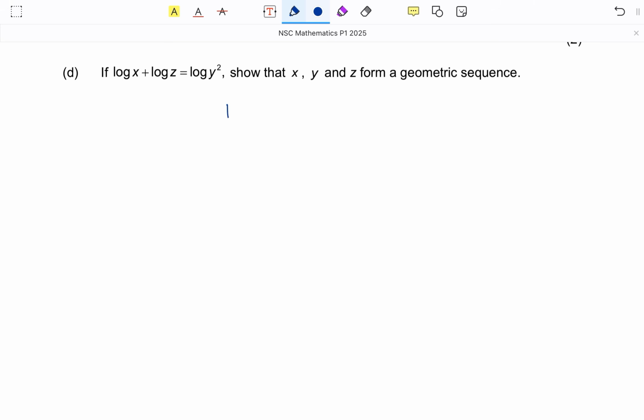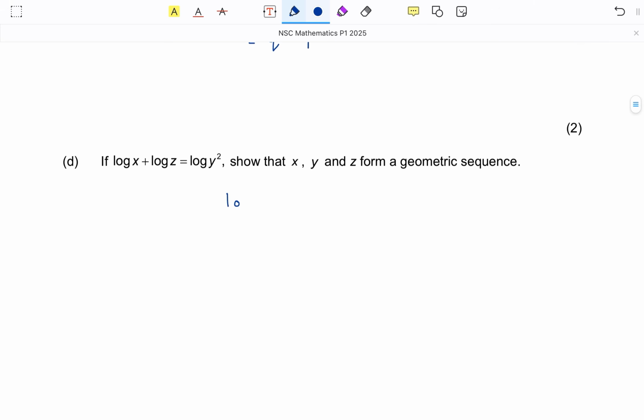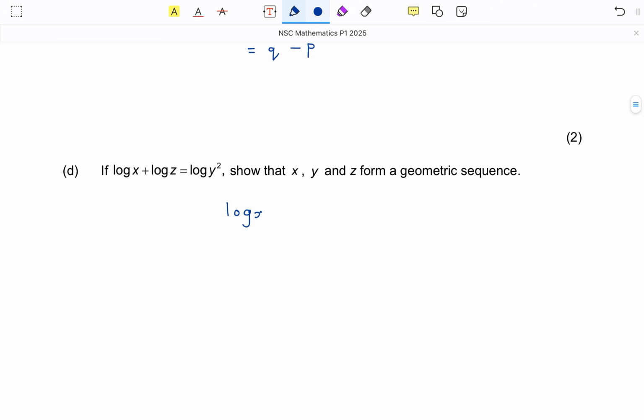So the first thing that we should know is that if we've got the log x plus the log z equal to log y squared, we can also write the left-hand side as x times z. So if we've got two of the same logs that add, then the values at the back multiply.